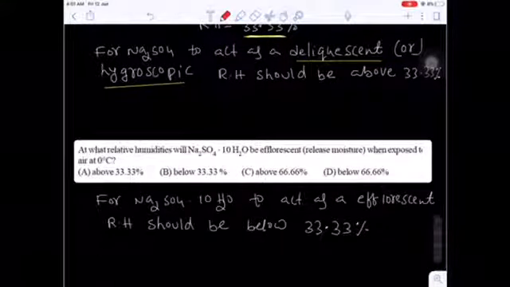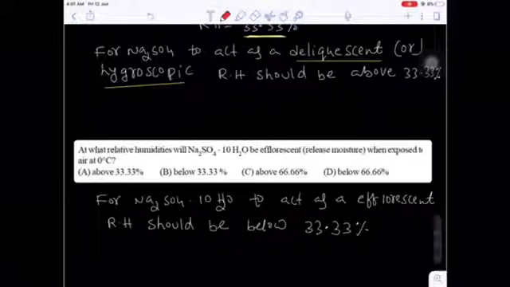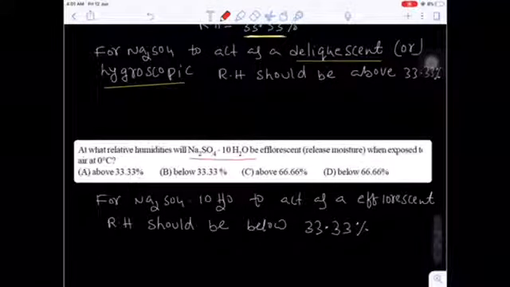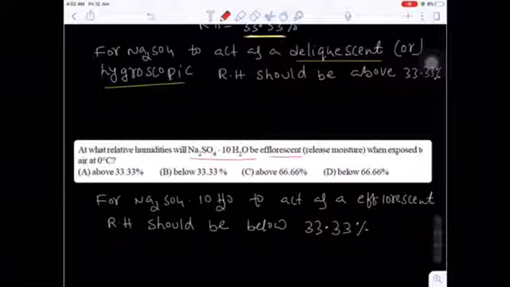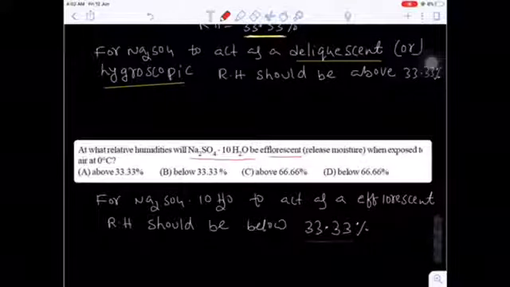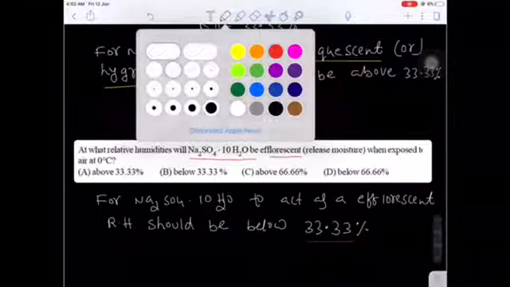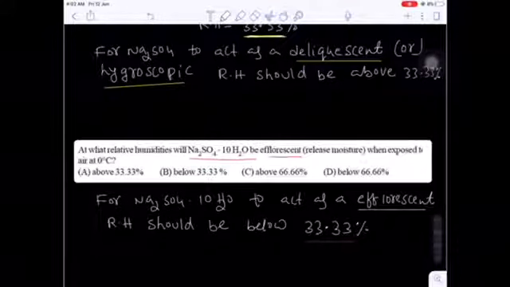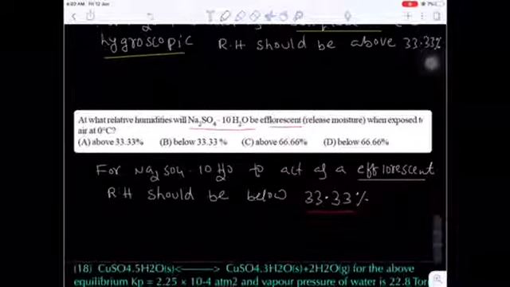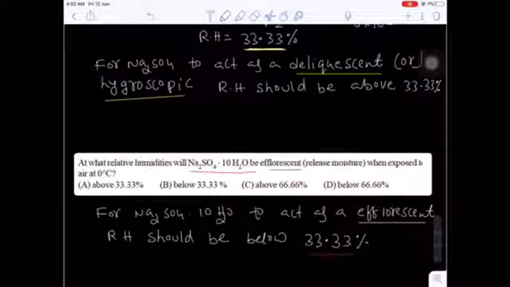Now related to this, one more question is there. At what relative humidity will sodium sulfate 10H2O act as an efflorescent? Here also we have to calculate the relative humidity, which in this case is 33.33. Now the question is efflorescent. For efflorescent, the relative humidity should be below 33.33%.